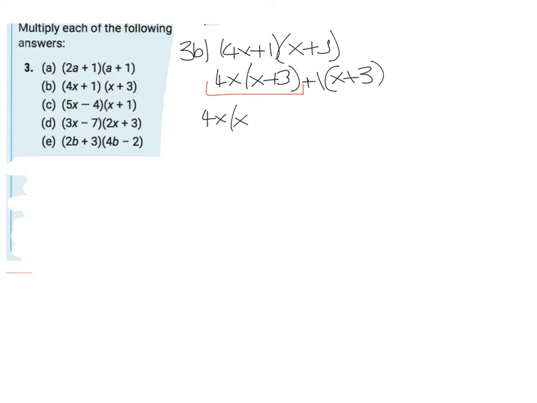4x is multiplied by x, and 4x is multiplied by 3. And then we'll take the next one. Plus 1 is multiplied by x, and plus 1 is multiplied by 3.